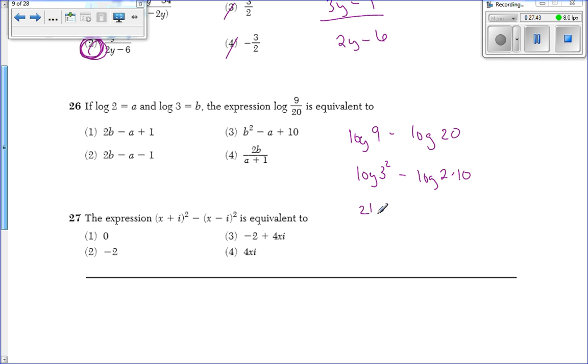So this becomes 2 log 3 minus the log of 2 plus the log of 10. So it's 2 log 3 minus log 2 minus log 10. The log of 10 is 1. Log of 2 we said was a. Log of 3 is b, so it's 2b minus a minus 1, which is choice 2.